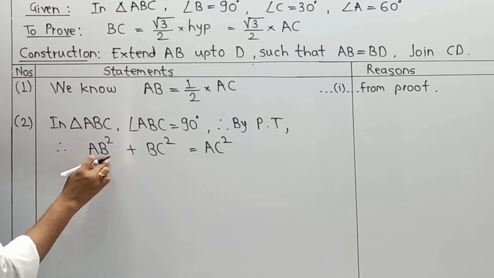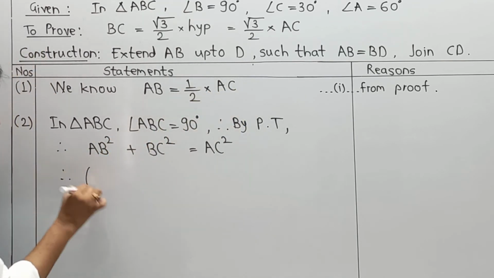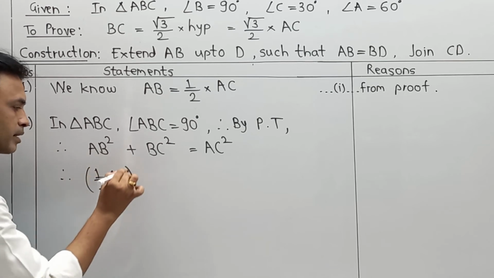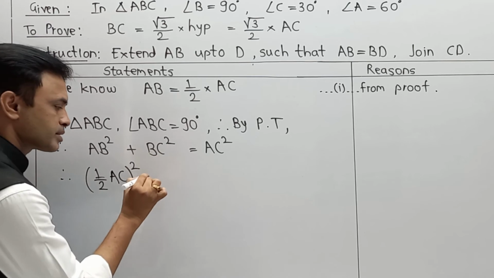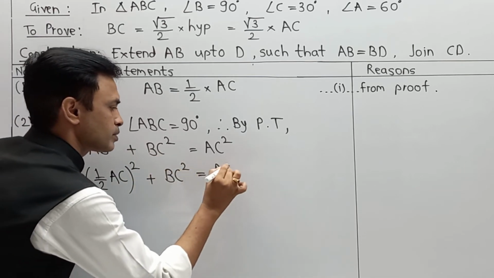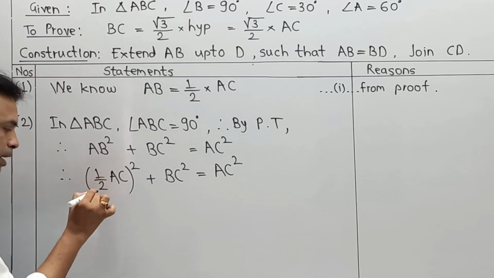Now AB is half of AC, so it becomes half of AC, bracket square, plus BC square is equal to AC square. Now if I expand half of AC whole square, it becomes 1 by 4.